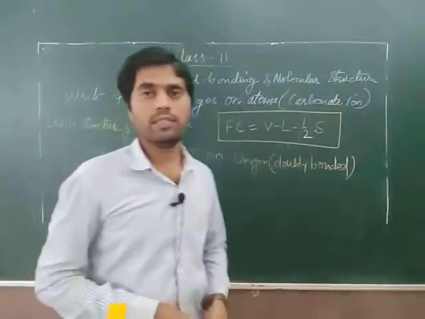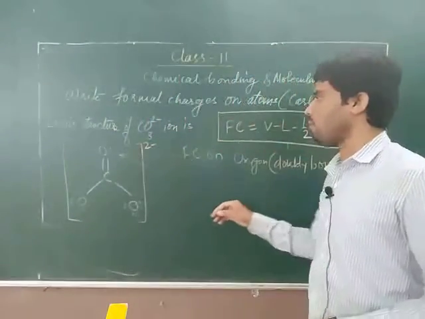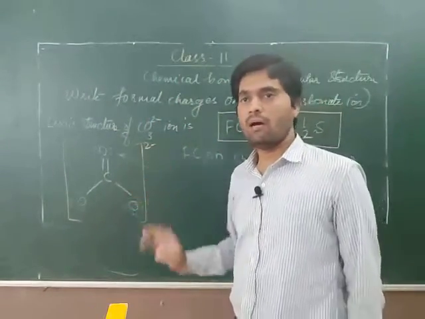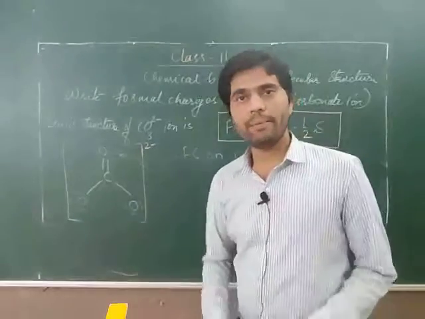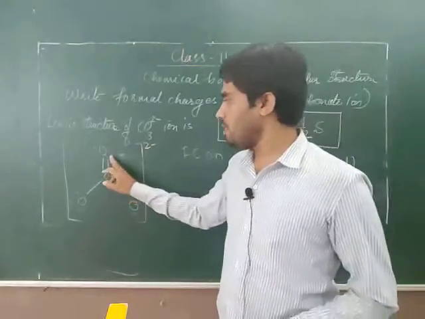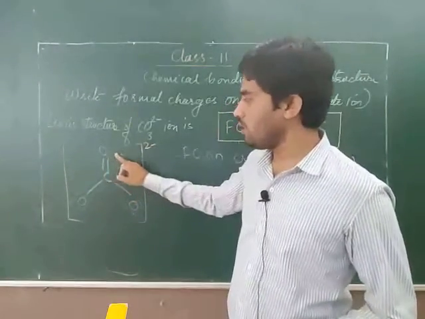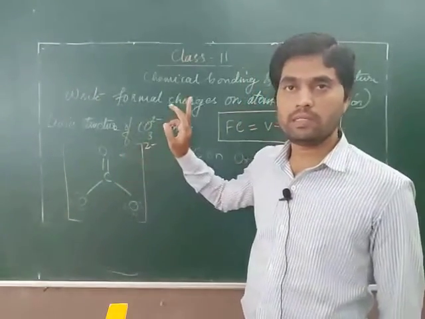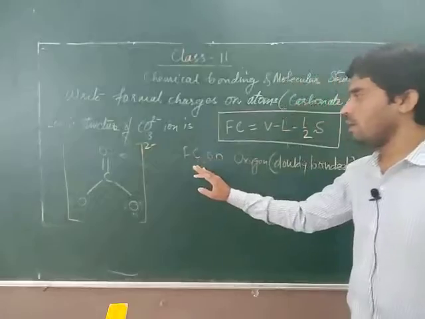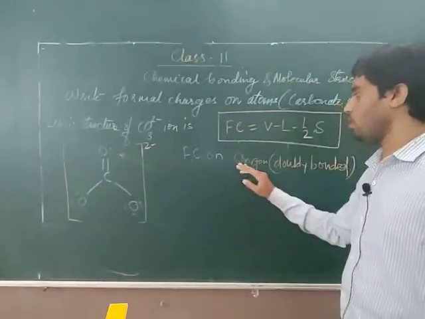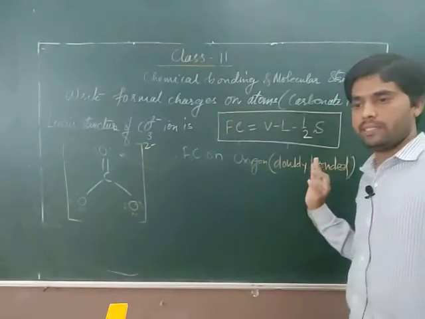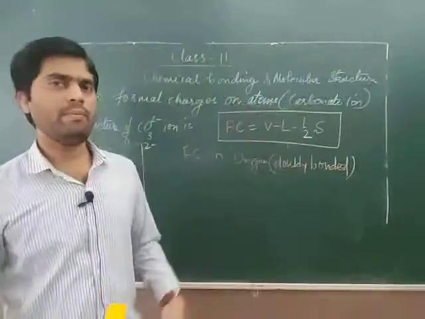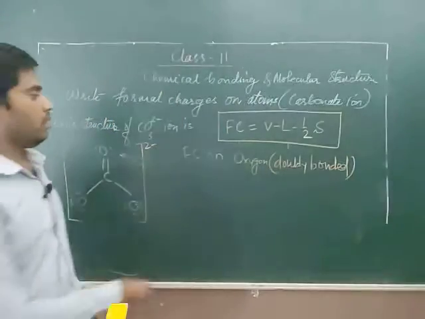Now, my dear students, we have calculated the formal charge on the carbon. Now the oxygens remain. First we see this oxygen, which is connected to carbon by a double bond. We are calculating the formal charge on the doubly bonded oxygen. The formula and criteria are the same.